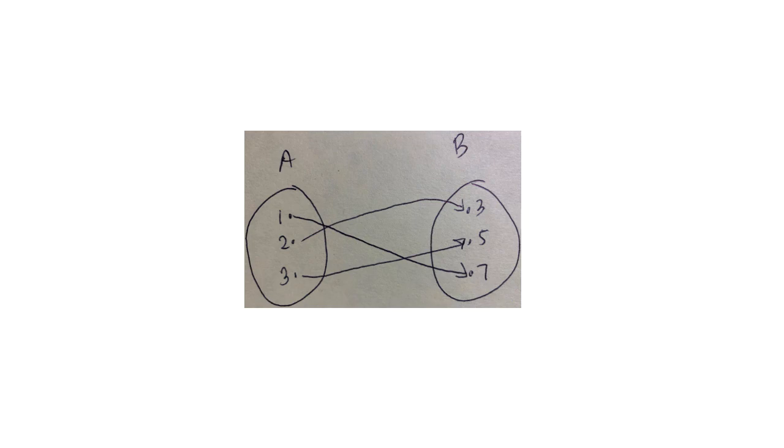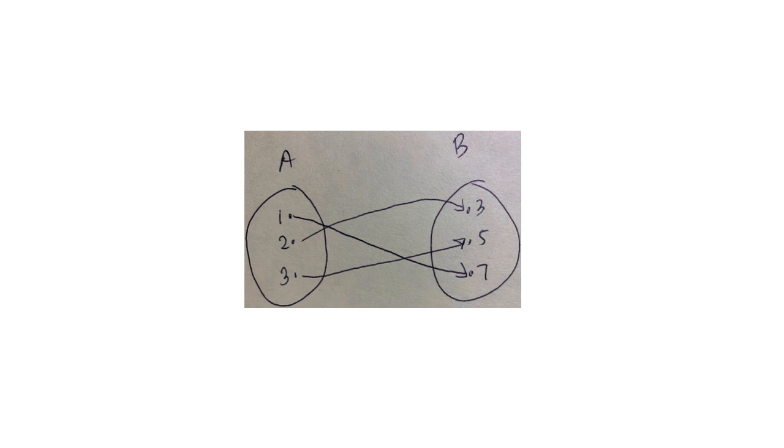Notice in this arrow diagram, from each element in A, there's exactly one arrow extending to some element in B. That is exactly what is required of a function: every element of the domain has some arrow, and remember the arrows correspond to the ordered pairs.